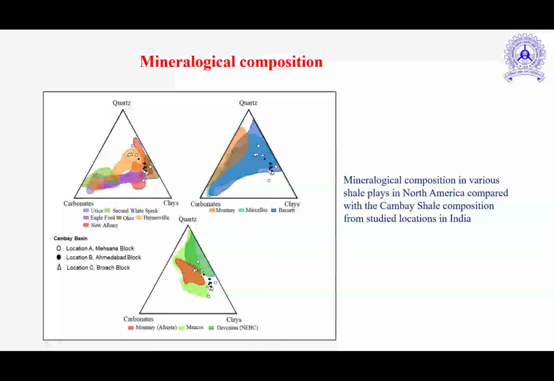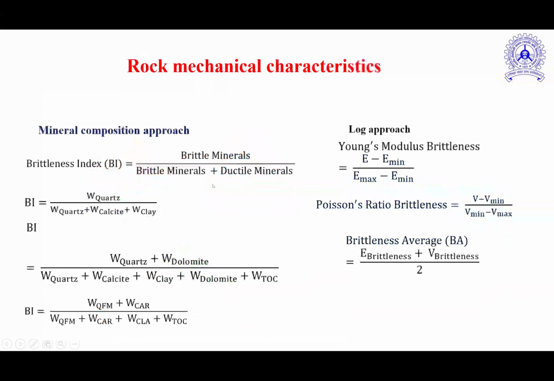If you look into this, Utica, Second White Speckled, Eagle Ford, Haynesville, New Albany, these are the different shale reservoirs in the USA. This tells you where it's falling, whether we can go for the fracturing or not.